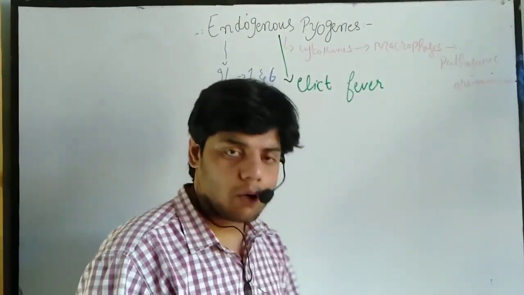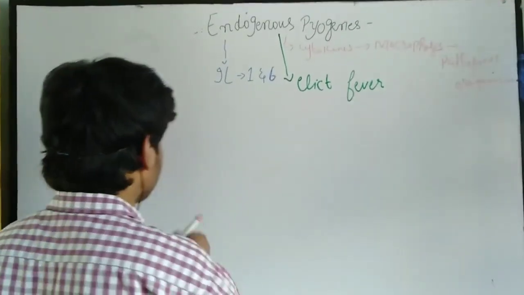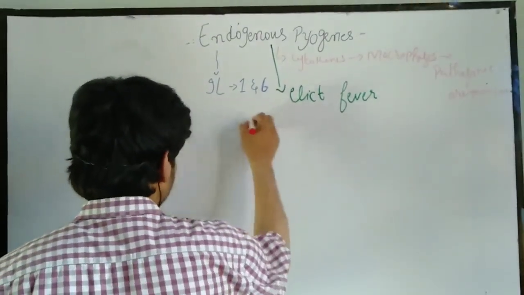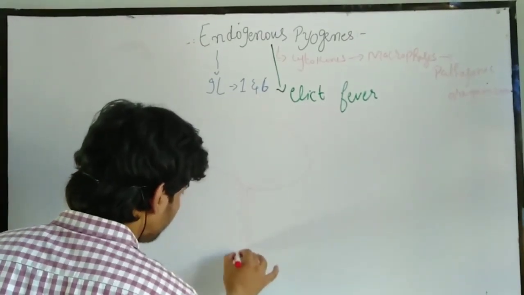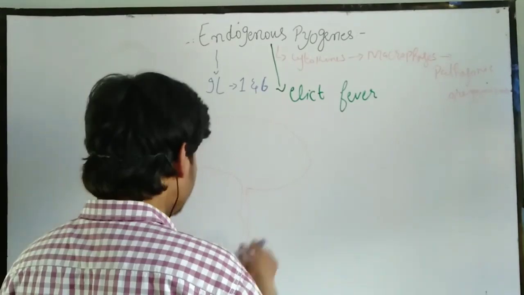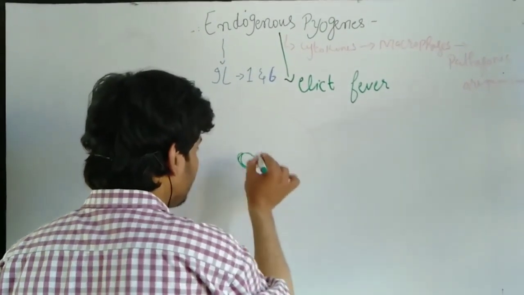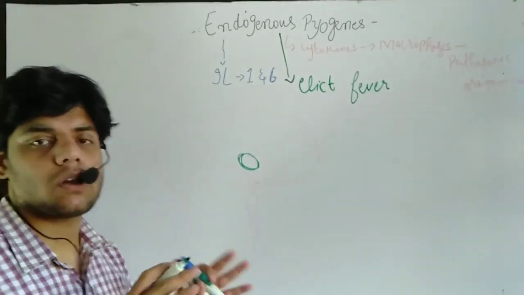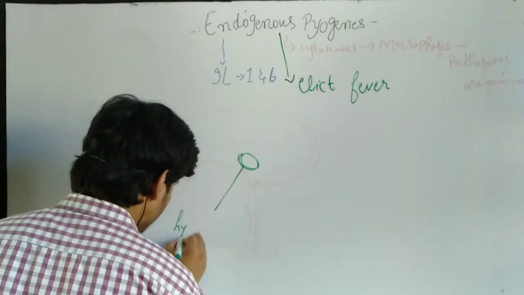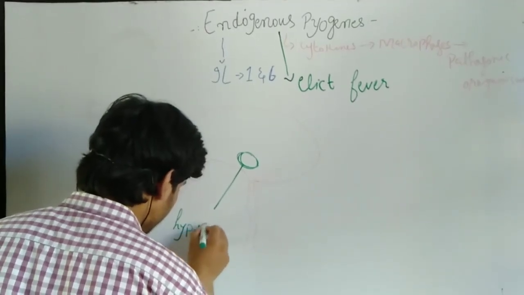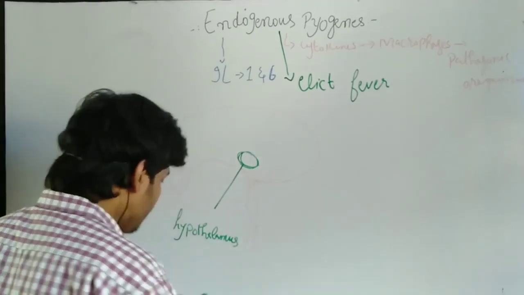You know, inside our body at the brain area, if I draw the brain here, at the specific area of the center point, there is a small portion which we call the hypothalamus.